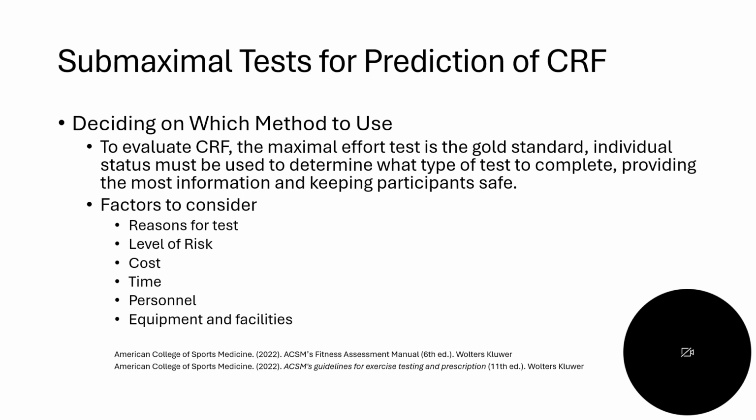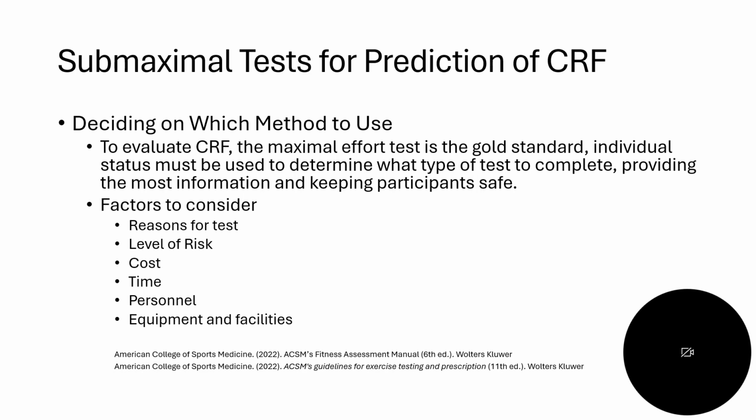When deciding on which method to use, we have to keep in mind that to evaluate CRF, the maximal effort test is a gold standard. However, individual status must be used to determine what type of test to complete.